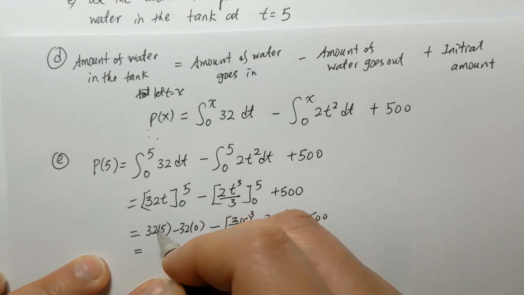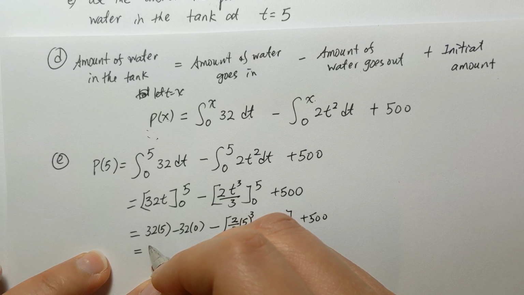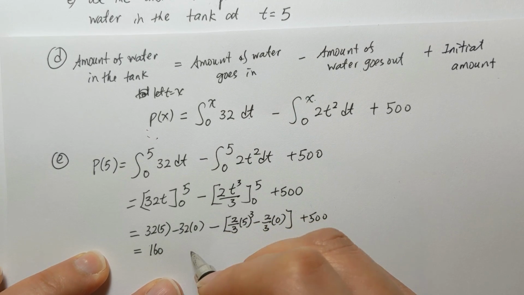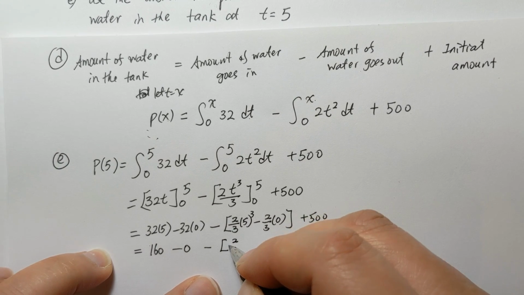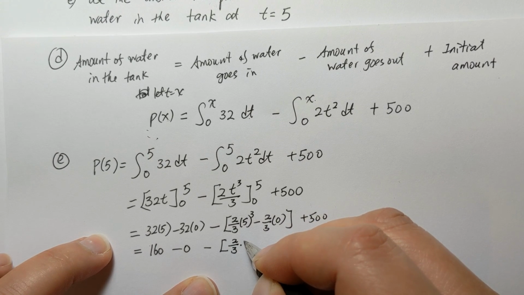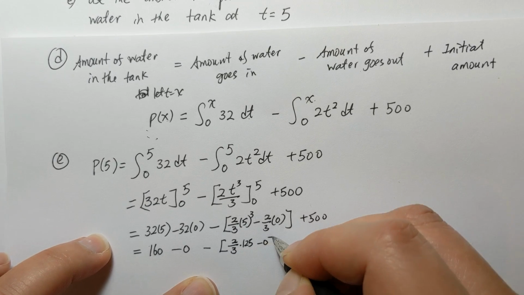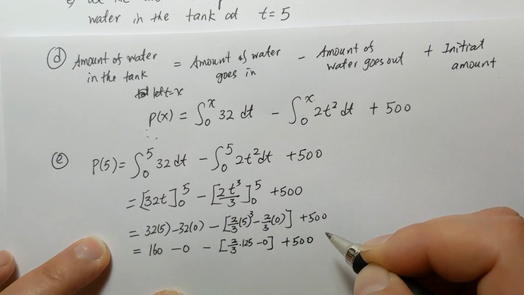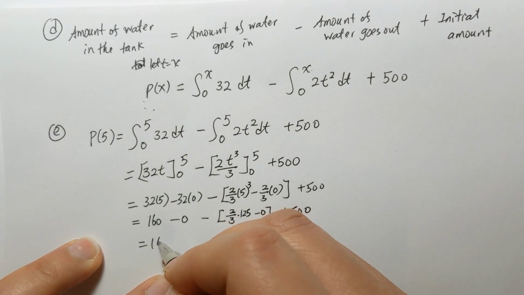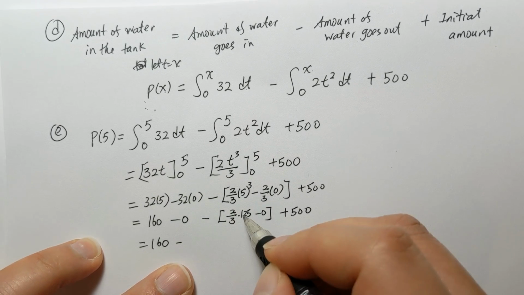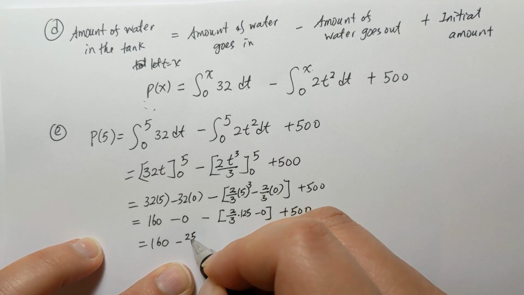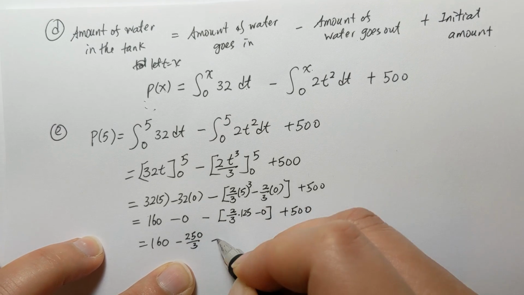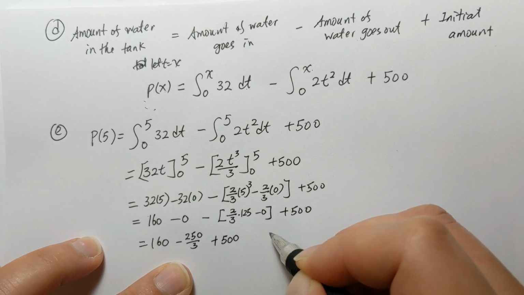So we got 160 minus 0. And then 2 over 3 times 125 minus 0, and plus 500. We got 160 minus 250 over 3, and plus 500.